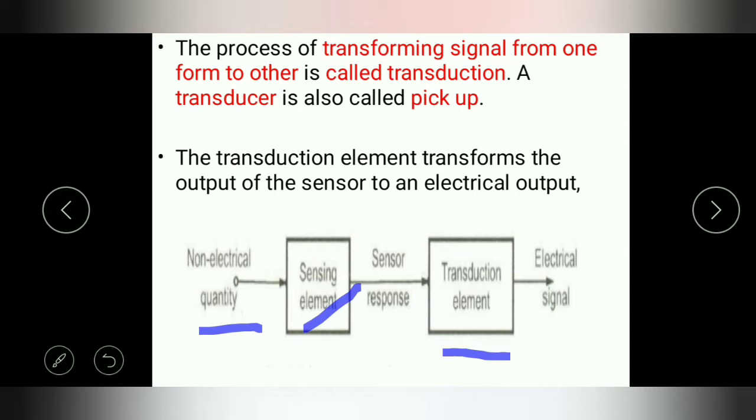That electrical signal is then modulated, amplified, and converted to some output signal or output reading. That is how a measurement takes place. So the purpose of the transducer is very important here. The transduction element performs a major role in any measurement system.